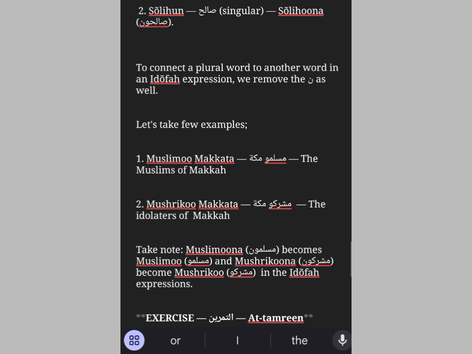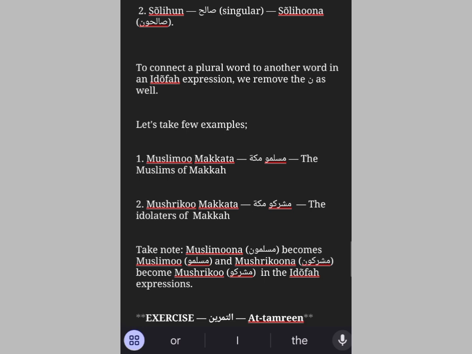Now, why do we say Makkata? Makkah actually is an ism alam, mamnu' min as-sarf, a diptote. It doesn't take a kasra where it is supposed to take a kasra, it takes fatha. So it's called mamnu' min as-sarf. And this is the trait of most feminine words.